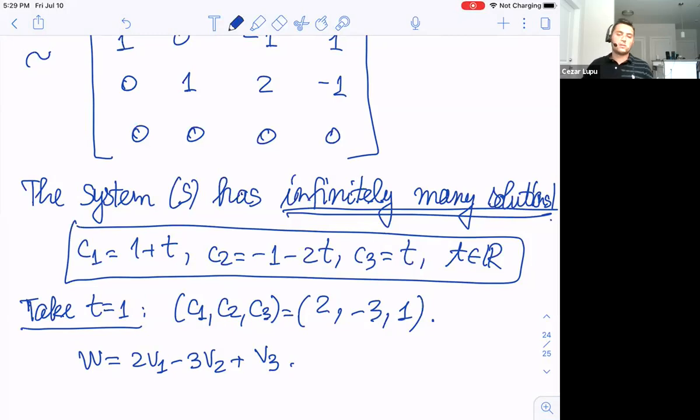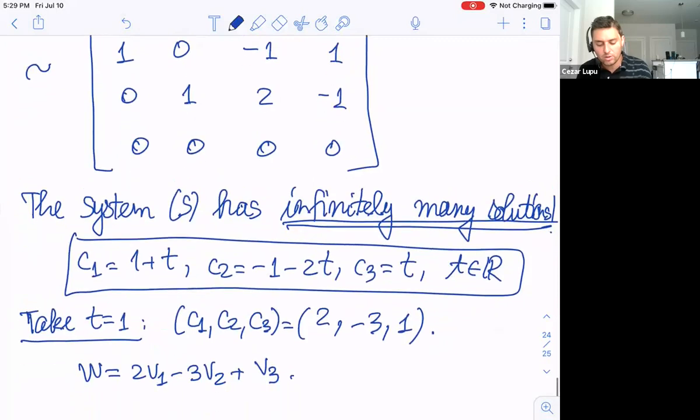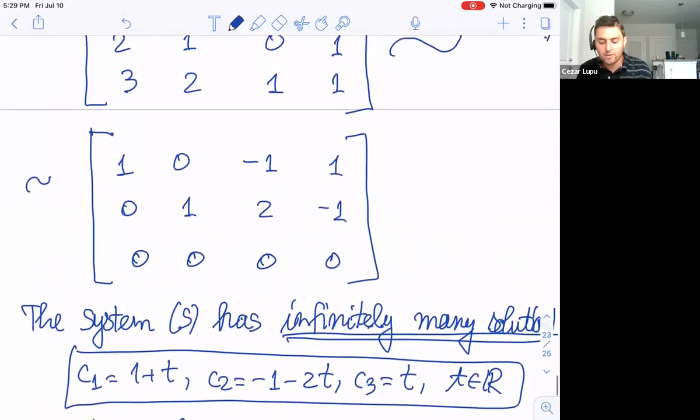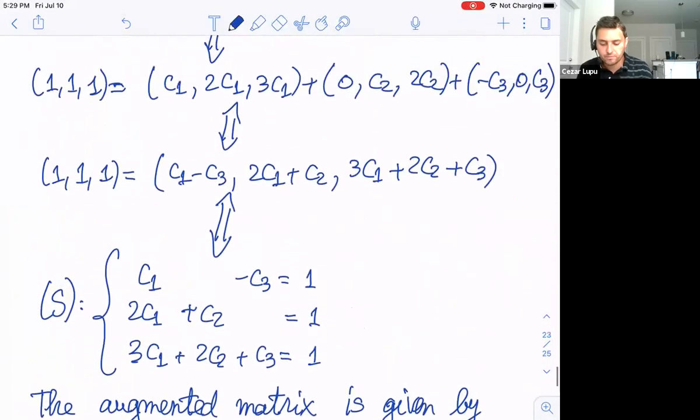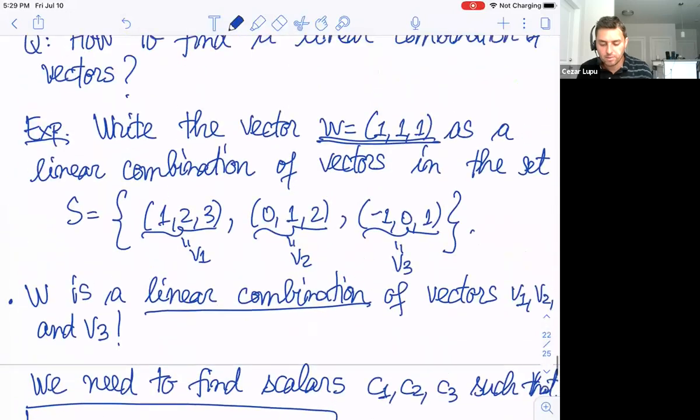Now the question is, you have seen vectors that can be expressed as a linear combination of other vectors. But can I write any vector as a linear combination of other vectors? And I want to insist on this example that we just did. Let's go back to the statement of this example.